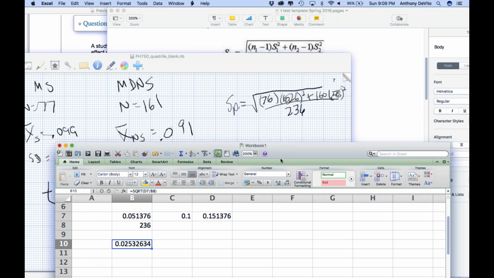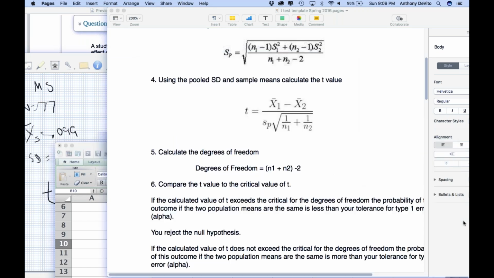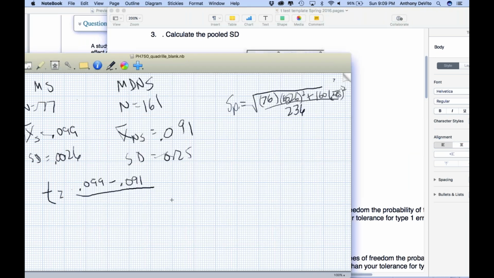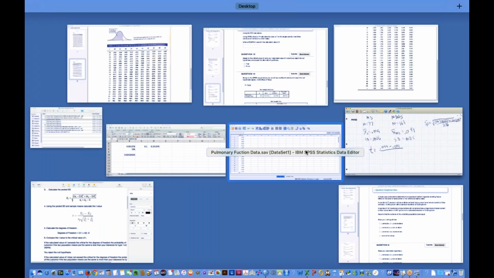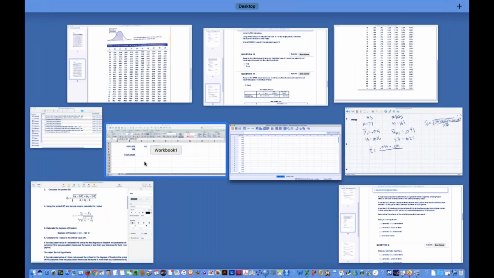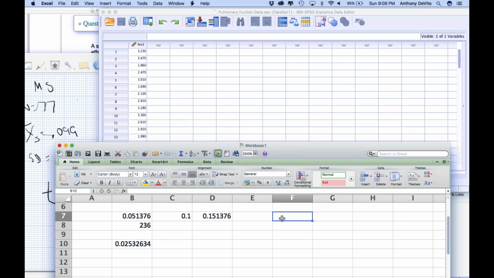Now my standard error, let me get my sheet back up here. My standard error is going to be the pooled standard deviation times the square root of 1 over 77 plus 1 over 160. So let's go back to Excel again. My Excel spreadsheet.